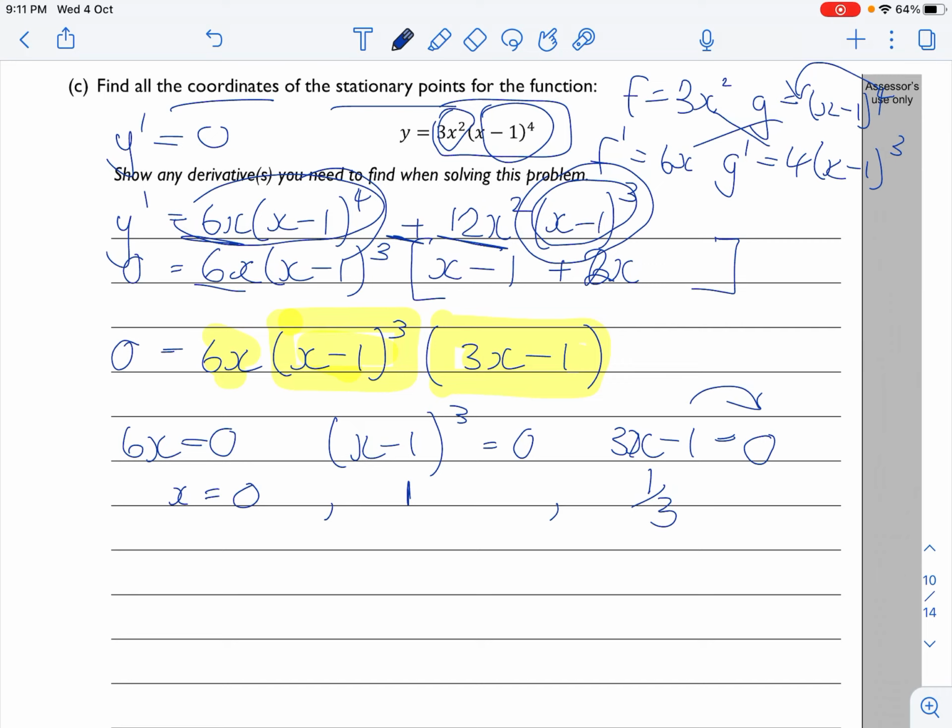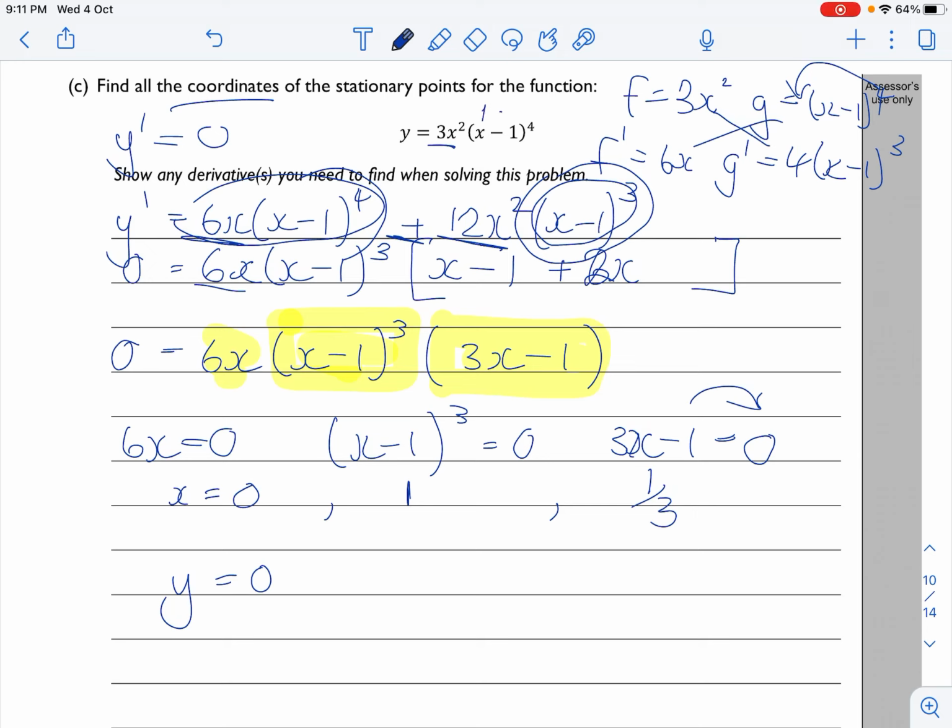And substitute back into the original equation, into this equation here, to find out what our y value is. So if x is 0, y is going to be 0 as well, because that whole thing's going to be 0. So when x is 0, that's going to be 0, so we're just timesing by 0.